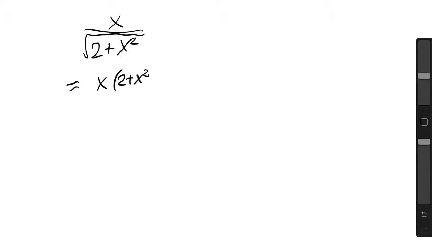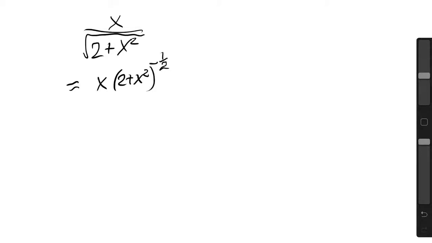We have x on root 2 plus x squared, and it's better to write this whole thing in index form as x times 2 plus x squared all to the minus a half. So square root is a half and 1 over is negative.